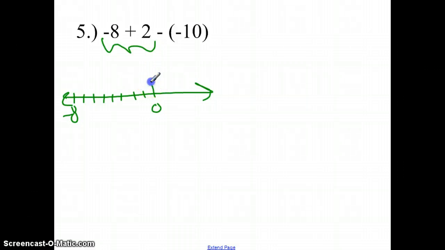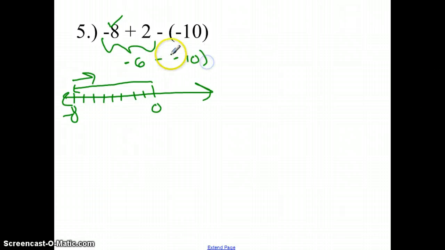Well, we're starting at 0. We go back to negative 8 because when it's negative we go left. We've done this. Now add 2. Well, that means they're positive 2, so you want to go to the right 2 spaces on the number line, and you end up right here, which is negative 6. So this is negative 6 minus negative 10.